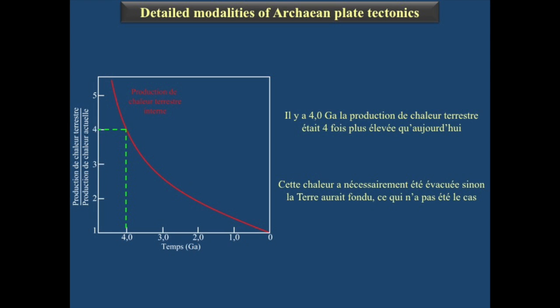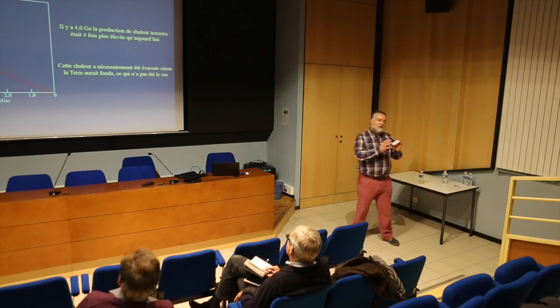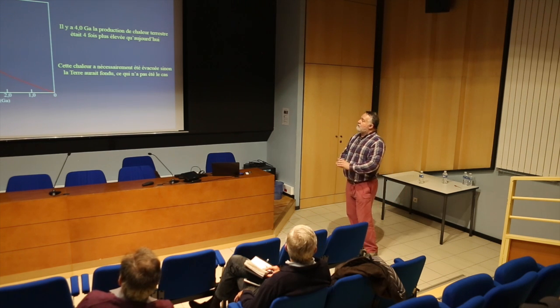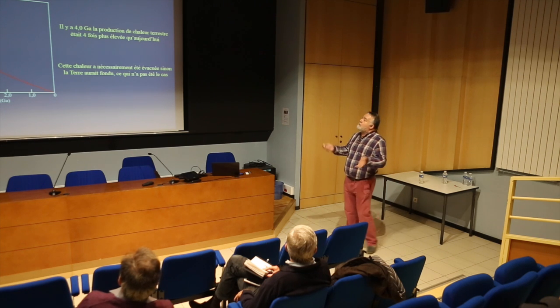Because if heat accumulated in the Earth, we should have a general melting of the mantle. So this is not the case. We had general melting of the mantle very early during the magmatic ocean episode, but after, nothing. So that means that this heat was evacuated somewhere.